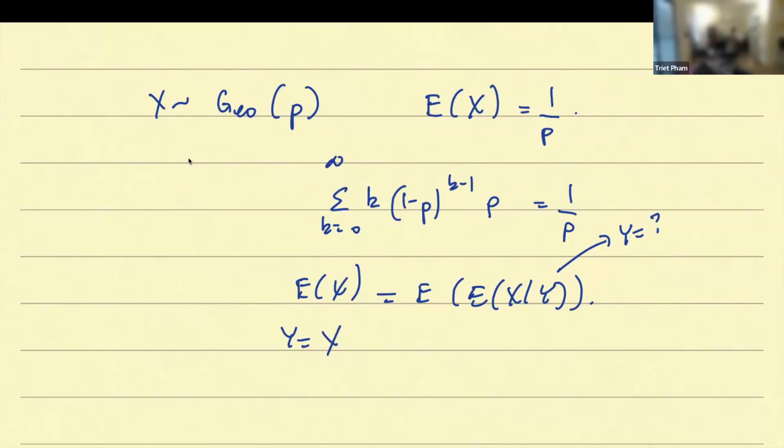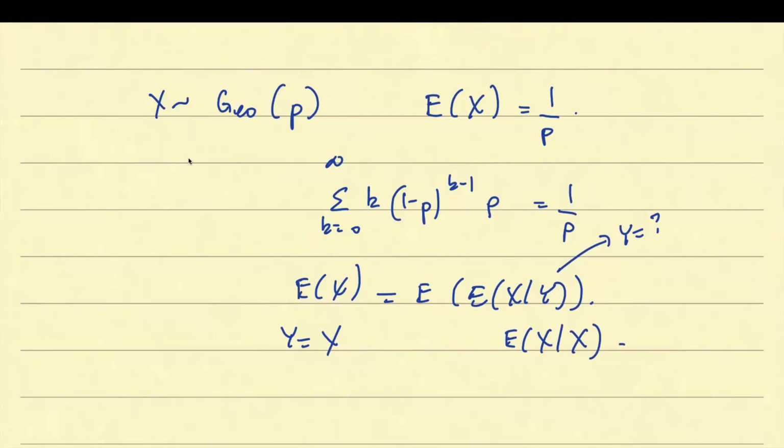This law is true for every choice. But if you choose Y equal to X, the inner one is the expectation of X given X. Now, what is the expectation of X given X? Care to guess?